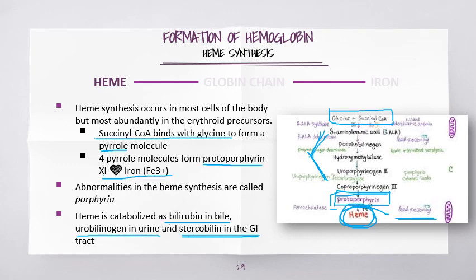So, for example, in disease states where there is increased destruction of the red cell, you will have increased release of heme in the blood. You will see it in the urine, the stool, and even the bile. Those patients will usually have very increased levels of urobilinogen, bilirubin, and stercobilin in the GI tract.